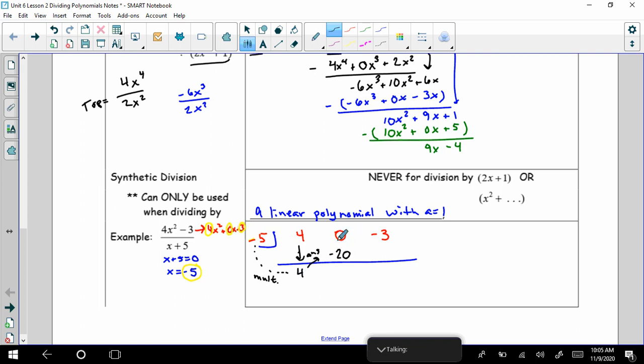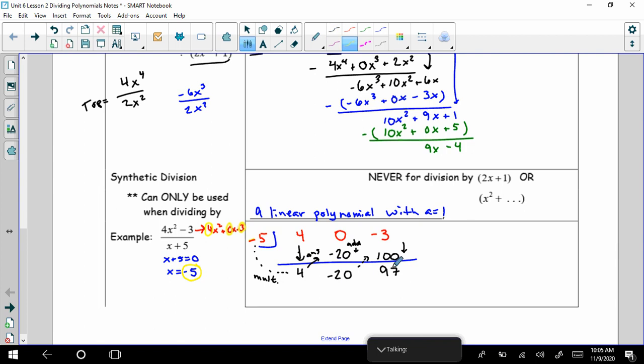And then for this one, we're going to add down. Okay, so 0 plus negative 20 is negative 20. And then we repeat this process. So we multiply, put our answer up. Negative 5 times negative 20 is 100. And then add down, and that's 97.